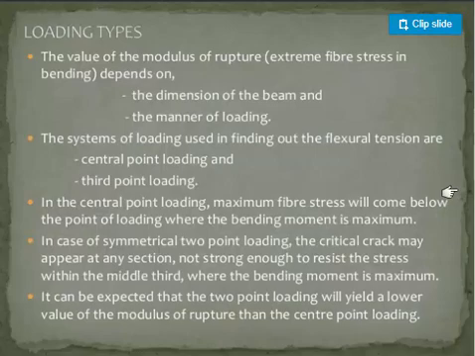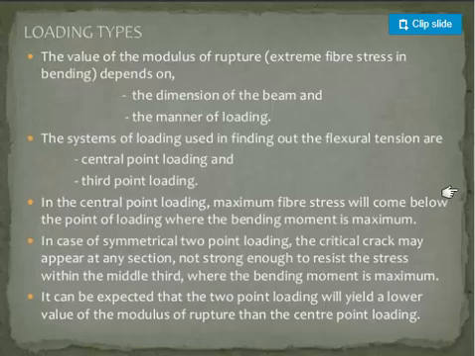Now students, loading types. As I have explained to you, the value of modulus of rupture, that is the extreme fiber stress in bending, depends upon the dimension of the beam and the manner of loading. The dimension of the beam is specific, and talking about the manner of loading, the systems of loading used in finding out the flexural tension are central point loading and third point loading.